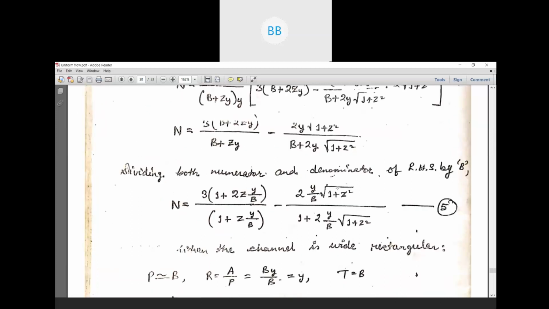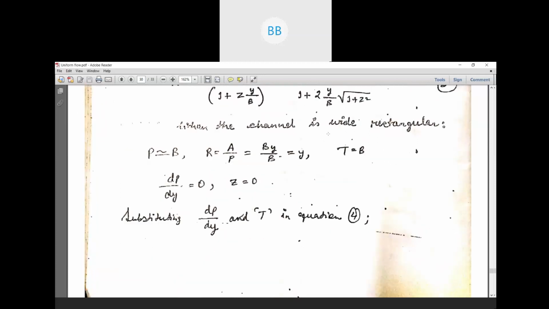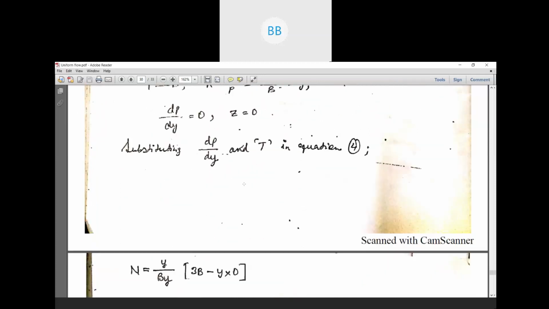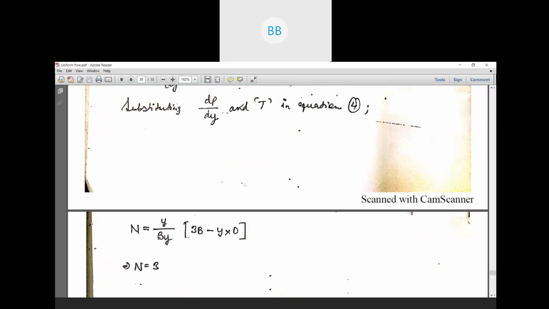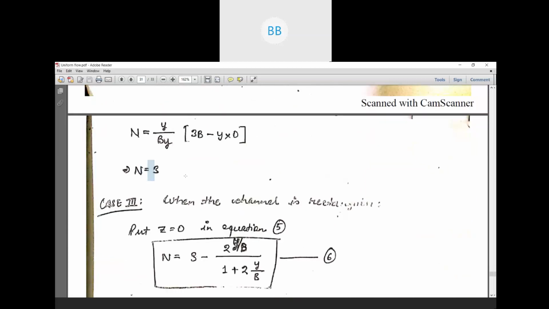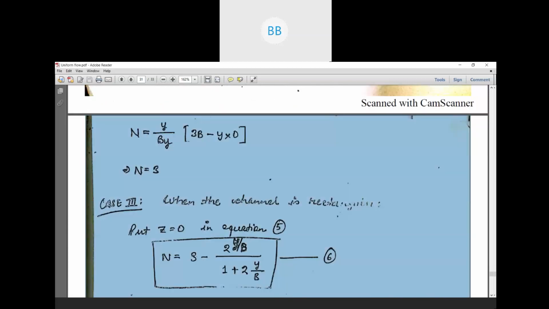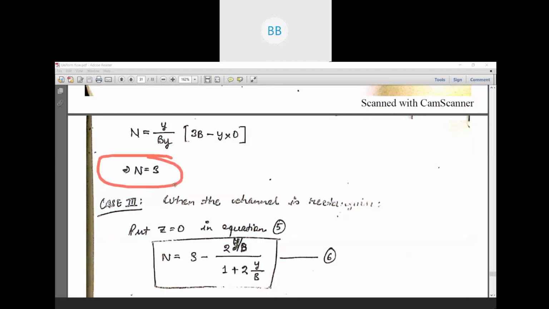Similarly you can go for wide rectangular also, where you can get that N value is 3. For a wide rectangular channel you can see N value is 3. For a rectangular channel you can see this expression.